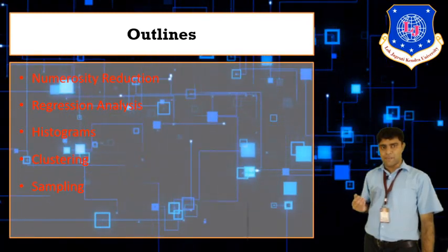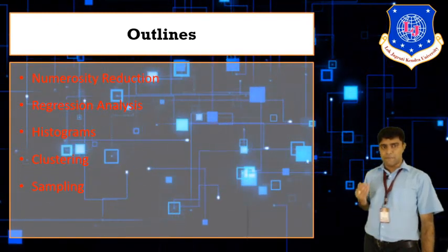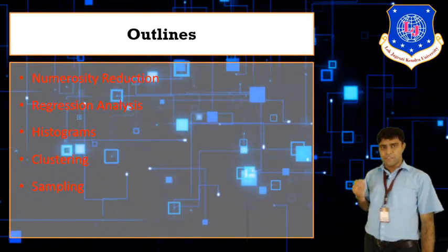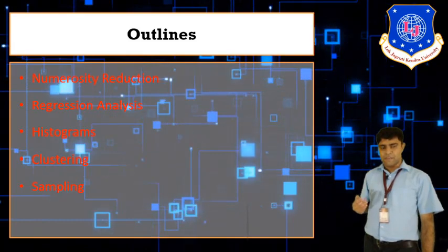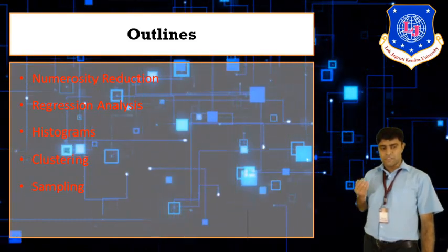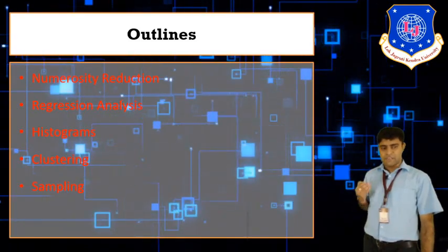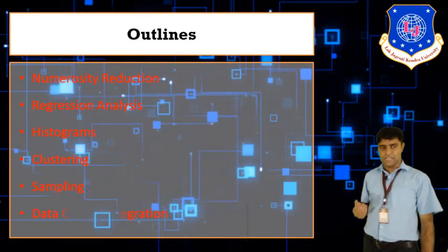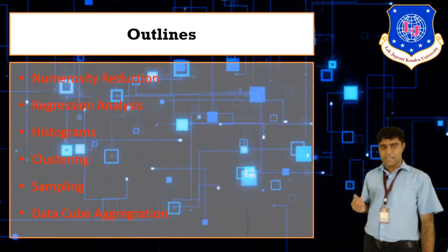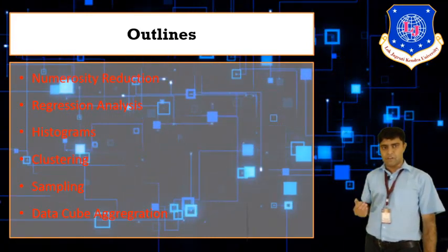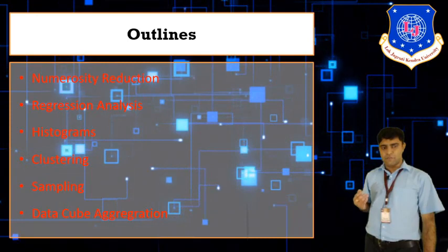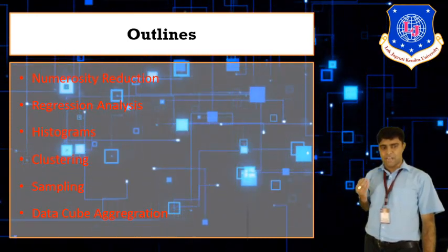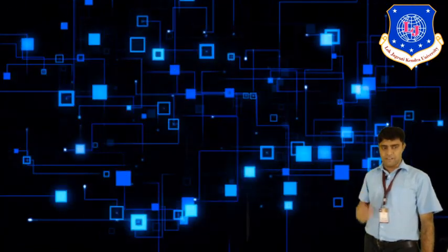There are various types of sampling technique: simple random sampling with replacement, simple random sampling without replacement, stratified sampling, and cluster sampling. Data cube aggregation is a cube where aggregation is used for the data. So these are the outlines of today's lecture.